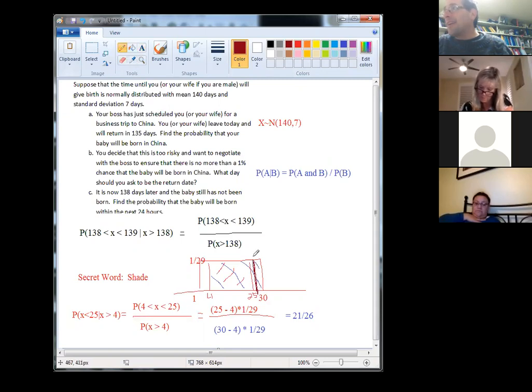I'll make it thick and dark. And we can draw everything to the left. That area is 0.96.